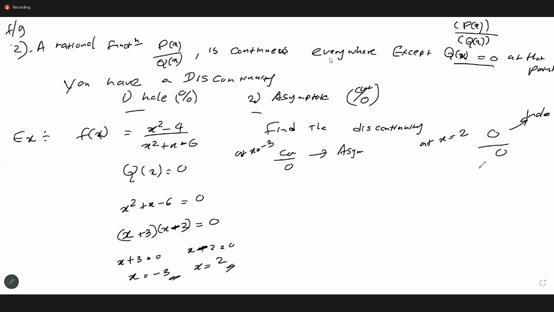Okay, now you know how to find the discontinuity points if a rational function has a discontinuity.